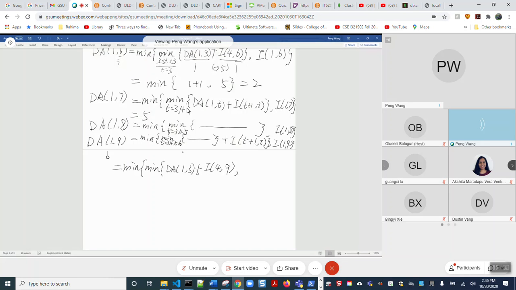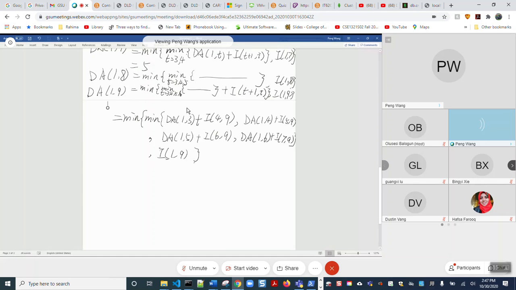Or t equal to 4, dA 1 4 plus I 5 9, or dA 1 5 plus I 6 9, or dA 1 6 plus I 7 9. This is the first part, and then the last part is I 1 9.